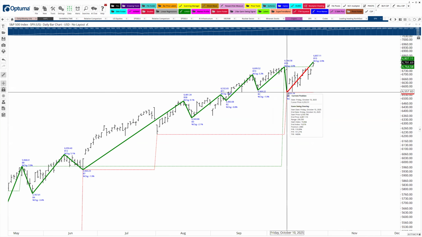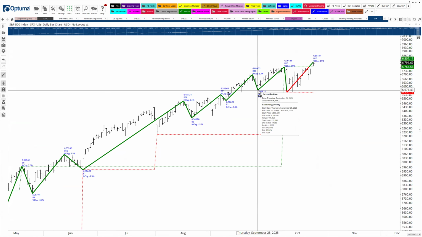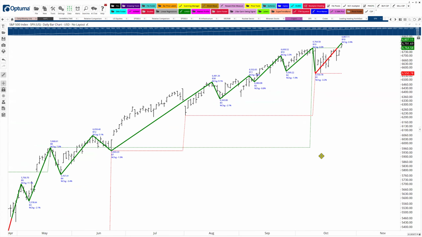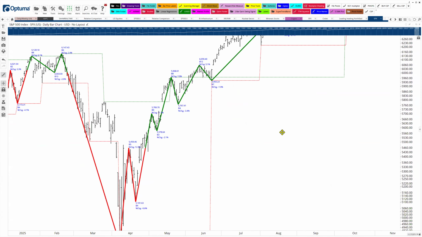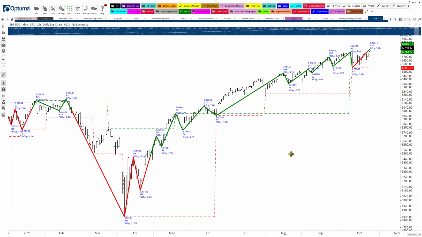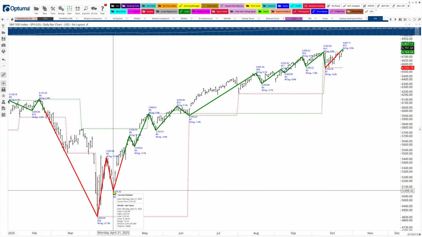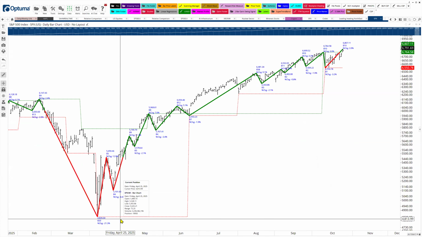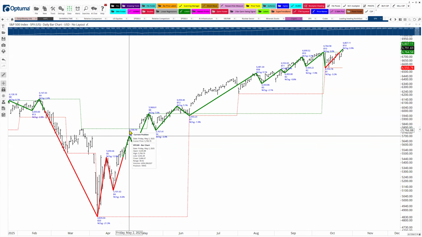It's a lower low compared to this swing low. So when you have a bull trend, you want the price to form a higher low. You don't want to come down here. That's how the trend works.